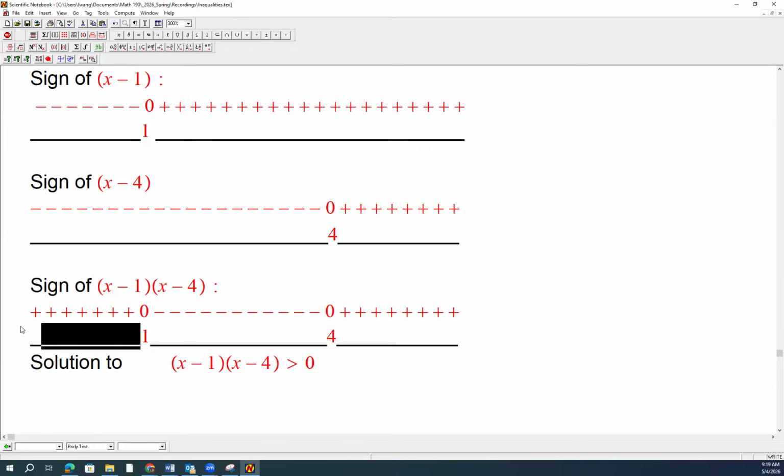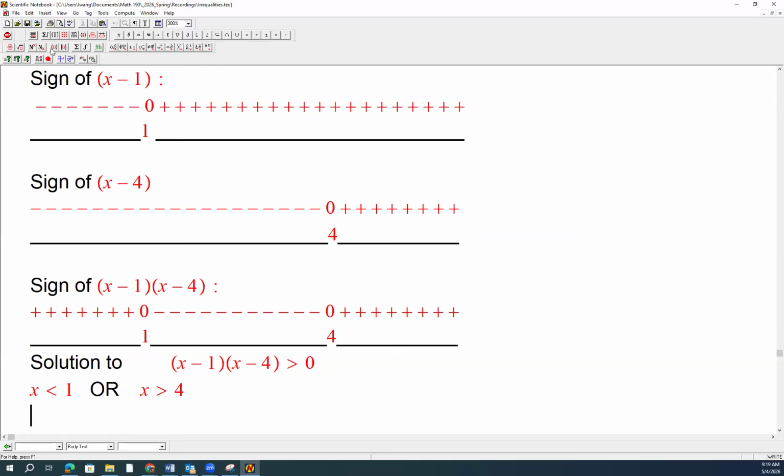We find the input here, because in those cases the product is positive, and we also find input here. That is, the solution would be x less than 1, or x greater than 4.